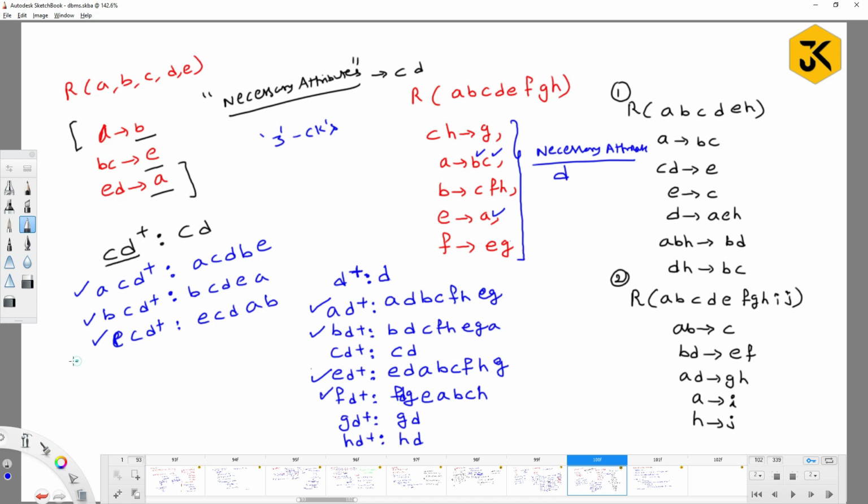Now you need to go with the 3 level. At the 3 level you are going to get all the possibilities, which include compulsory D, because D is a necessary attribute in every key.